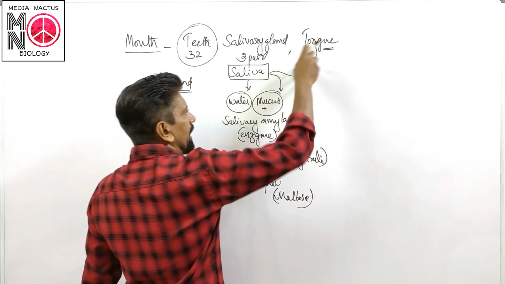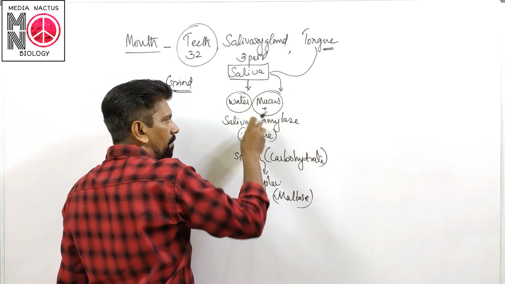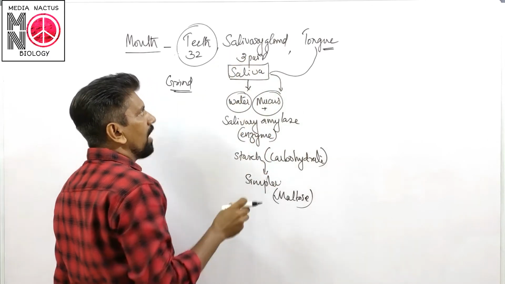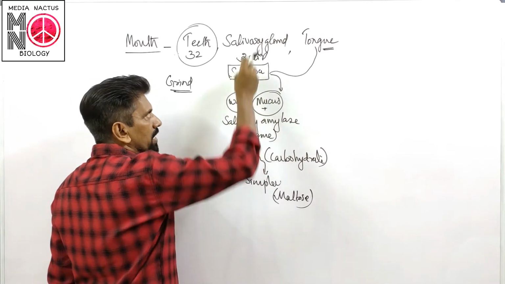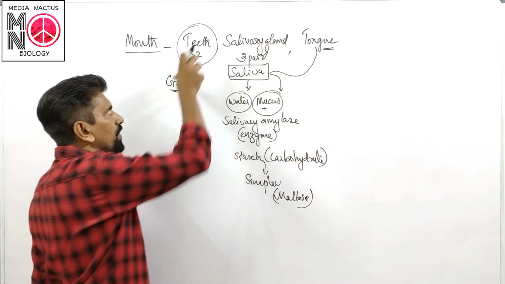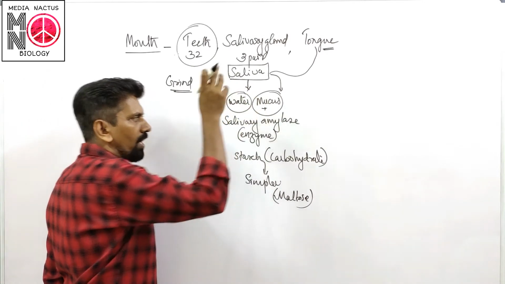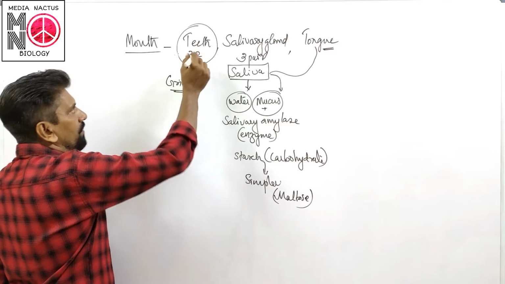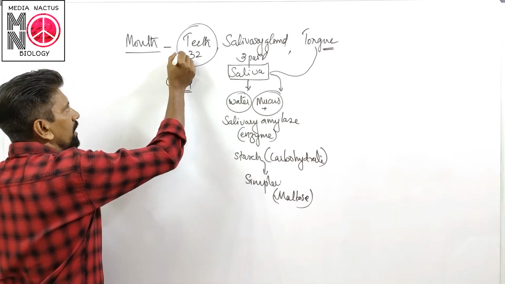While the tongue mixes the salivary amylase-containing saliva with the food particles, it will get digested easily, as the grinding of the teeth helps to convert it into smaller pieces. For that, different types of teeth are there in our mouth.